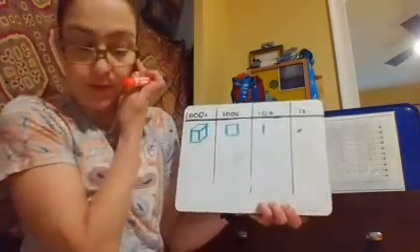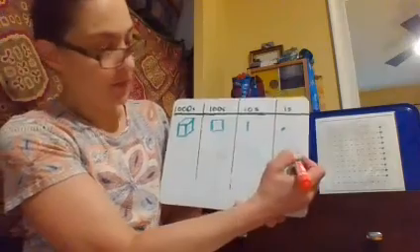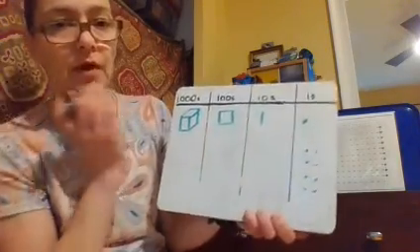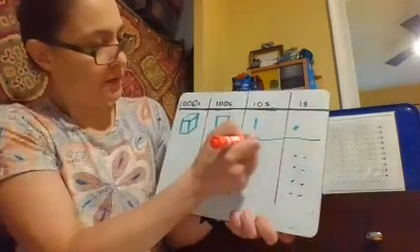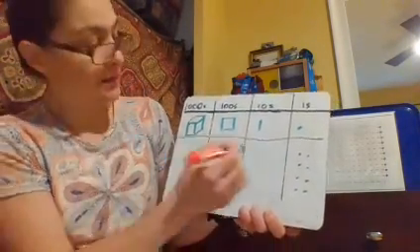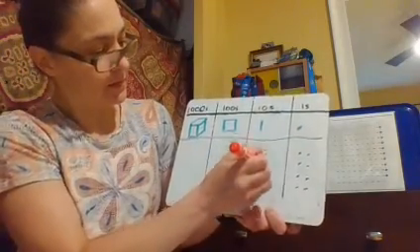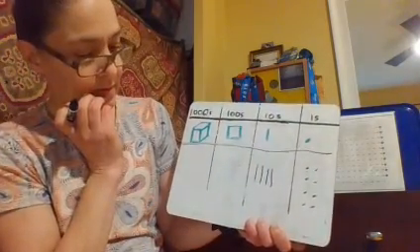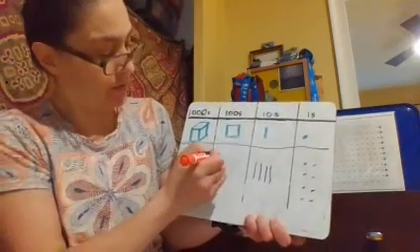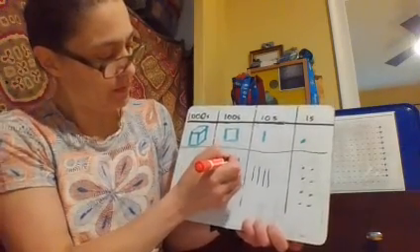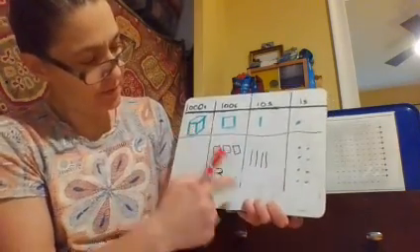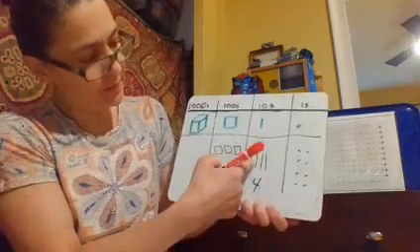I'll use this one because I'm not sure where my place value mat is right now. How many ones? I know 4 plus 4 is 8, so I'm going to draw it like that. How many tens? And how many hundreds? And I have 348.